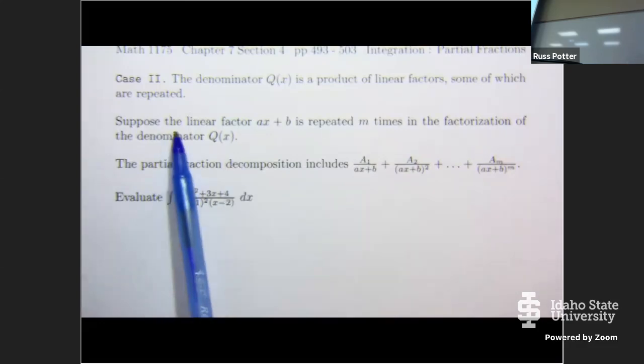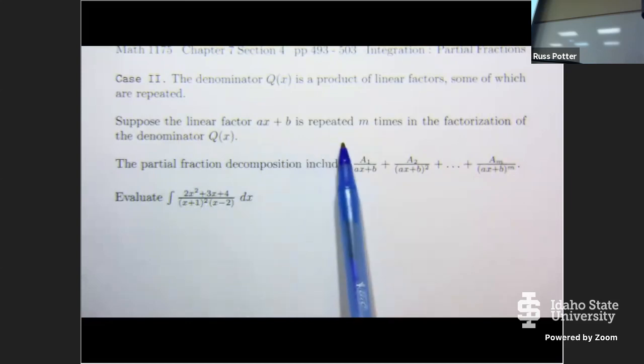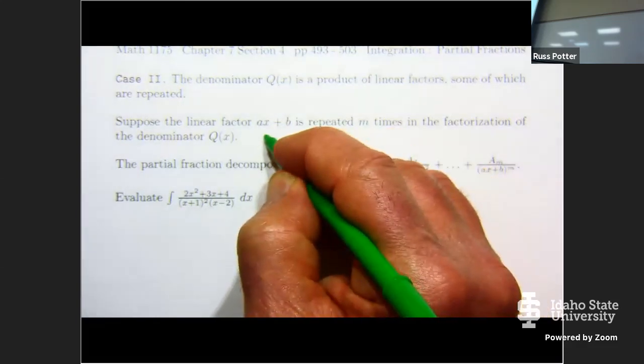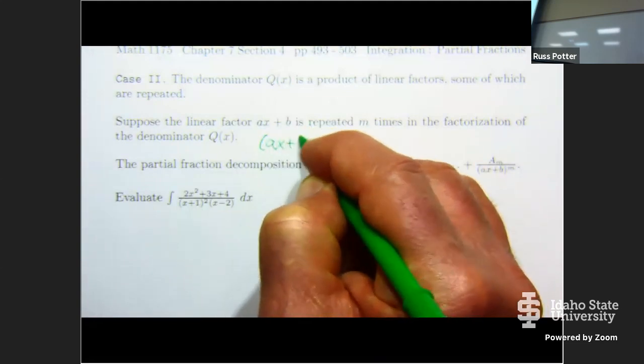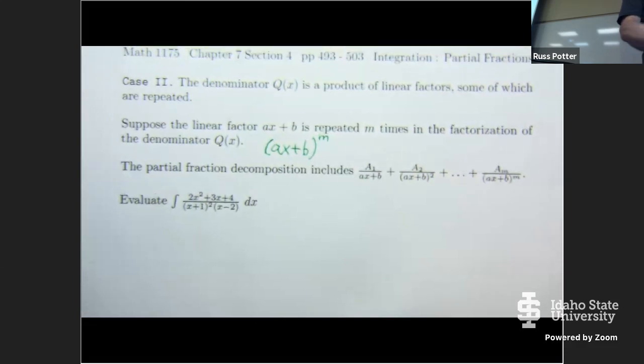Okay, so suppose the linear factor ax plus b is repeated m times. So that would mean that the denominator q of x could have the expression ax plus b to the power m in the denominator.